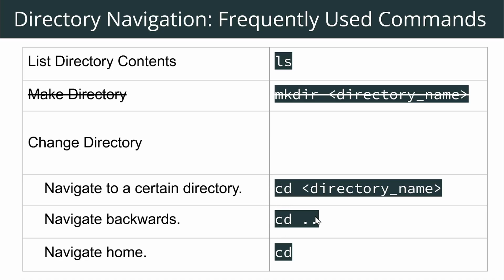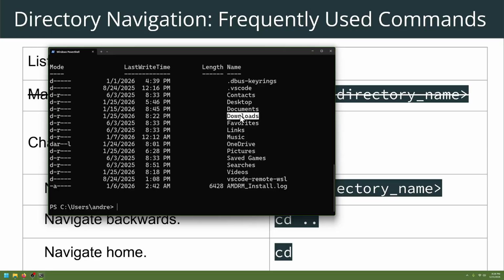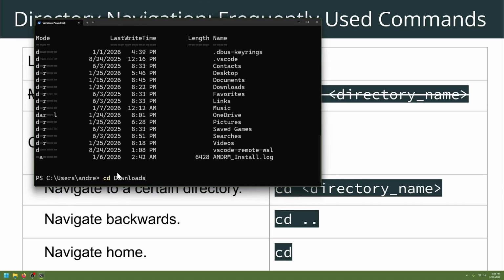It allows you to navigate around. For example, if we wanted to navigate into our downloads folder from the terminal, you could type in cd space downloads. You have to type in this argument, which represents where you're going. So I type in cd downloads, enter.